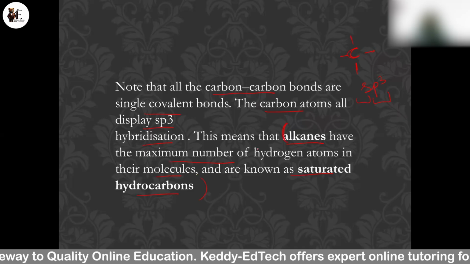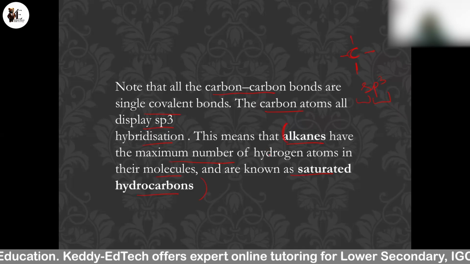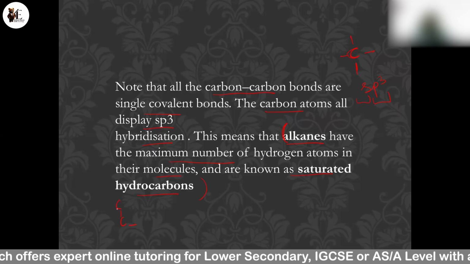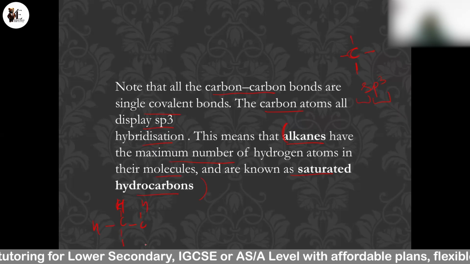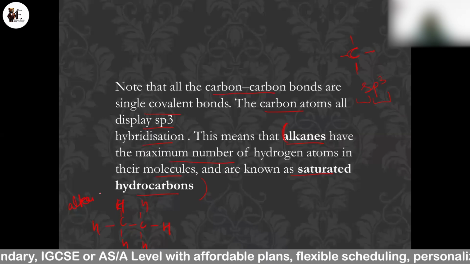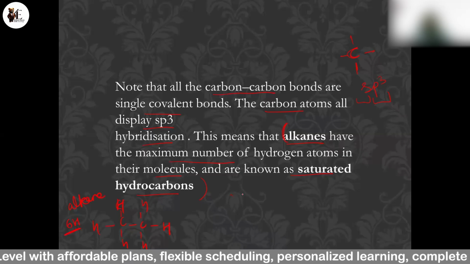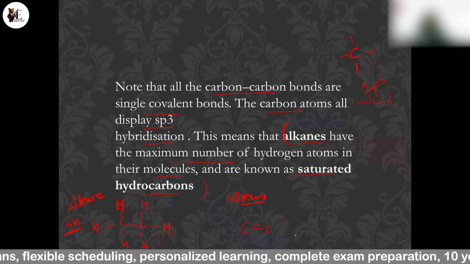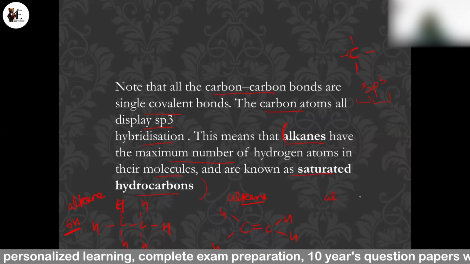So what are alkanes? Alkanes are organic compounds which have the maximum number of hydrogen atoms. For example, the formula for ethane is C2H6. This is the displayed formula of ethane. This is an alkane. We can see that it has 6 hydrogen atoms. But in the case of an alkene, you have only 4 hydrogen atoms. In the case of an alkyne, you have only 2 hydrogen atoms.